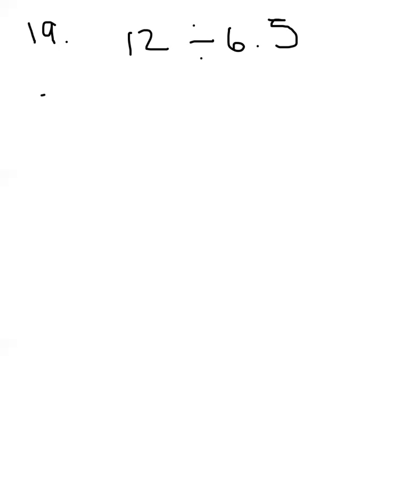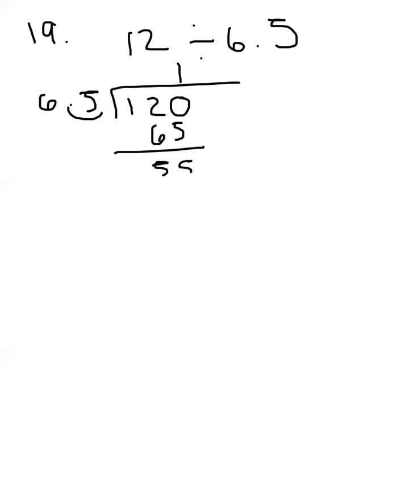So again, you can put this in your calculator or do it the old-fashioned way. 6.5 divided by 12, and we get 65 divided by 120. So we're going to get 1. That'll be 65, 5, 5. Add a 0, bring it down.